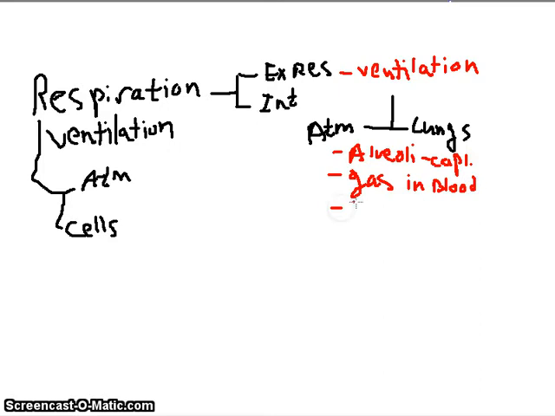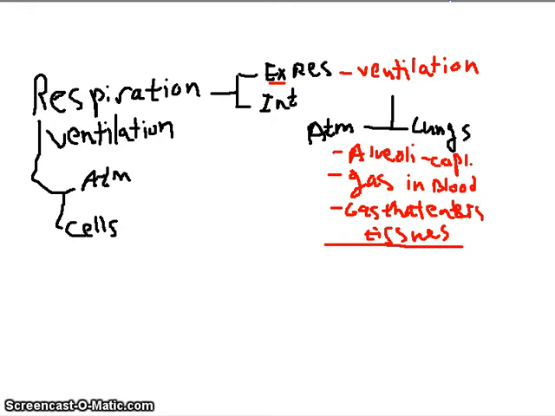And last but not least, it presents the gas that enters tissues. At this point, we've got the external.